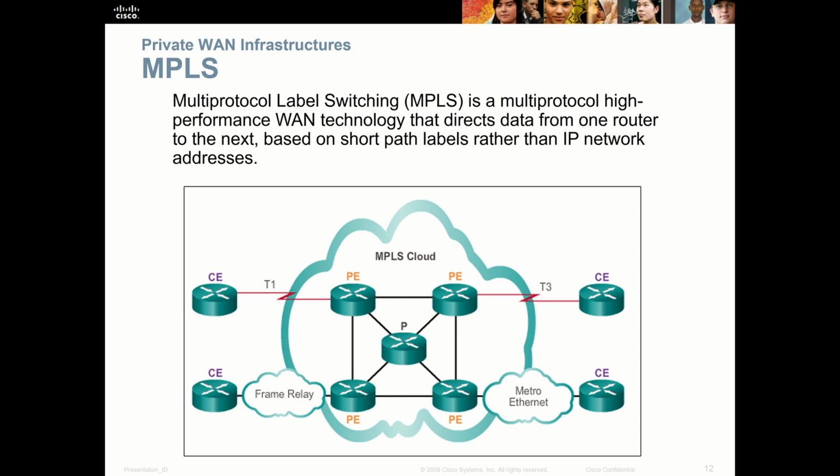On contrary to the normal IP routing, in IP routing they will forward the packet based on the IP address. But in MPLS, they do not forward the packet based on the IP address. They will forward the packet based on short path labels.